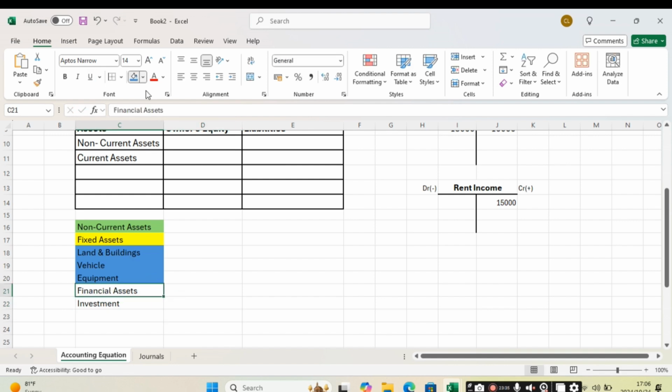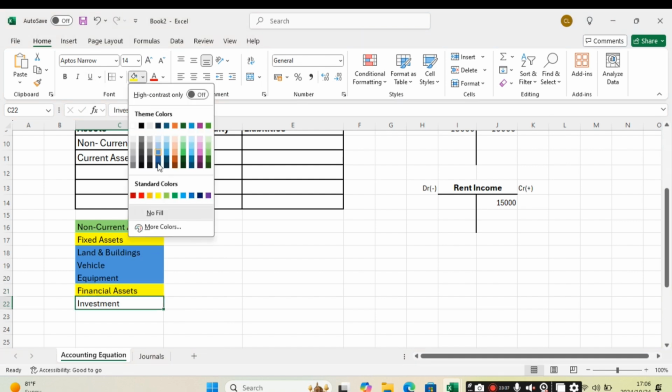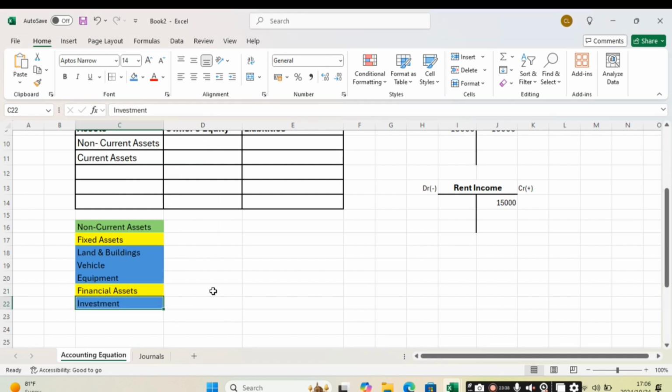Okay, so this will be yellow. This will be blue. So non-current assets, and under non-current assets we have fixed assets, and we also have financial assets. Fixed assets: land and building, equipment, vehicles.